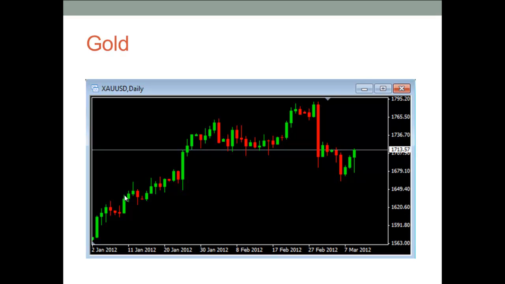So it went up about $100, and then it kept on going all the way up to about 1800. But basically it really hasn't done much. It's still up since the last FOMC meeting, but it's been trading around 1700, 1720. So gold still moved higher, but it's lost a lot of its initial burst after that FOMC meeting.